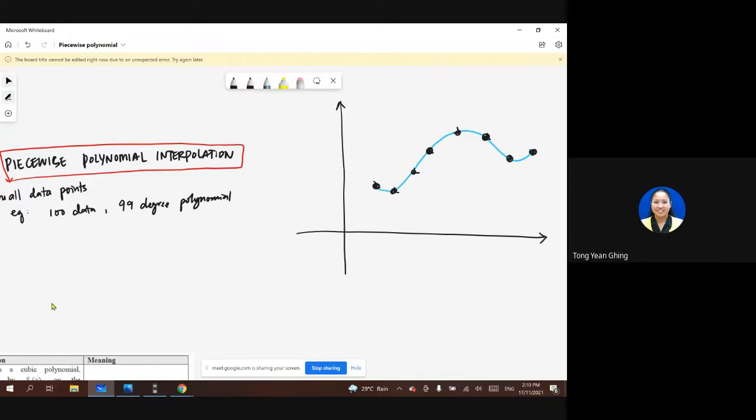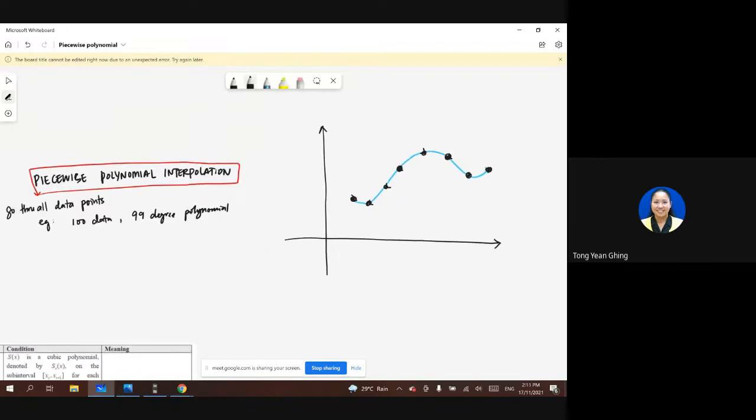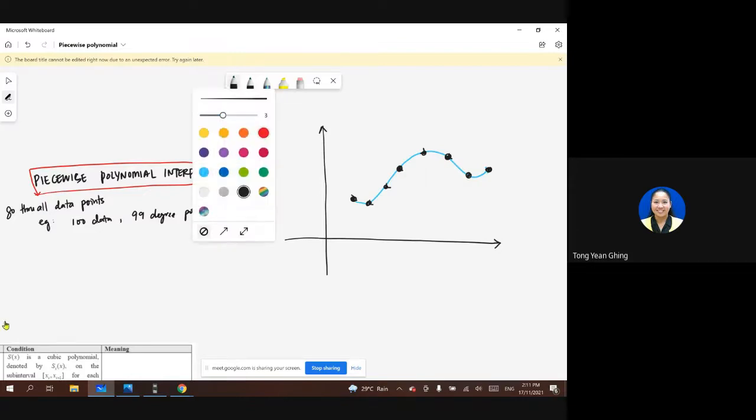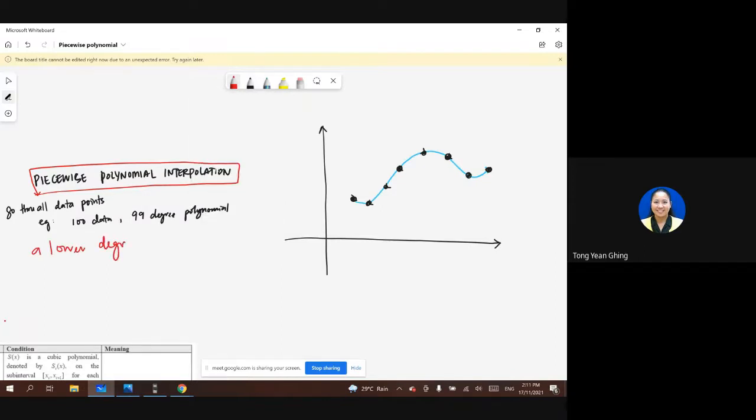Okay, so but then this one is only a few points. It will be better when we change this polynomial to a lower degree polynomial. I'm not sure, maybe the graph is different because it's here.